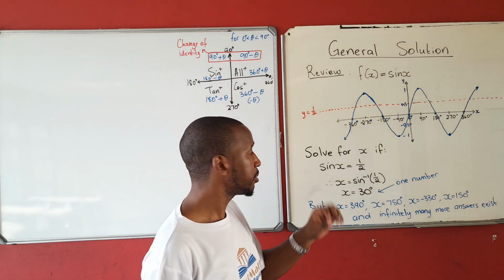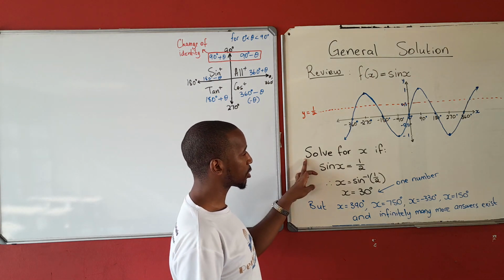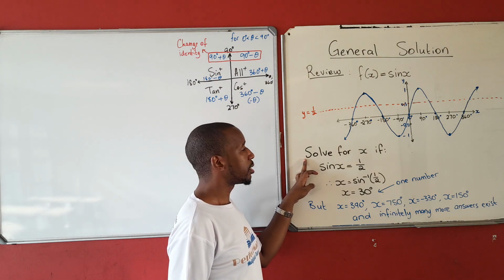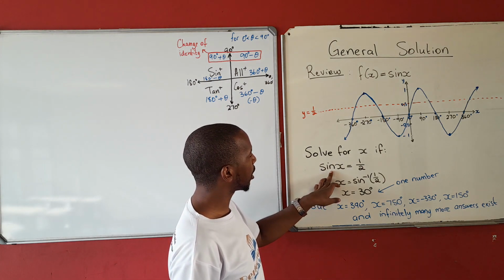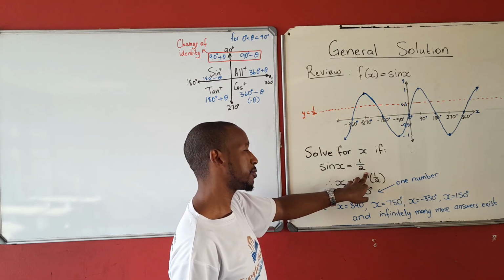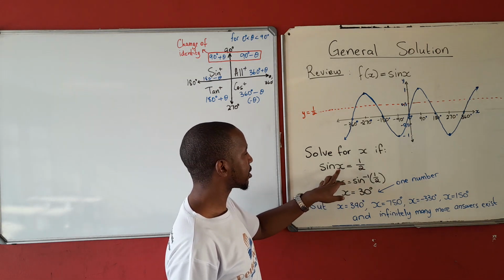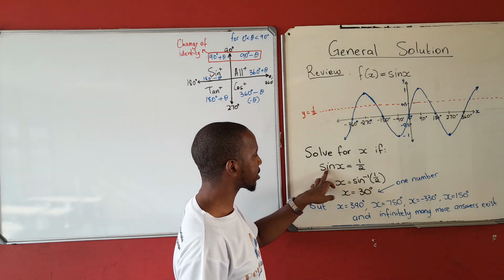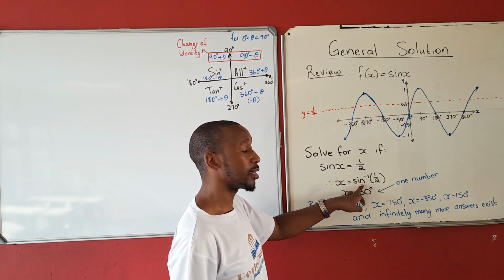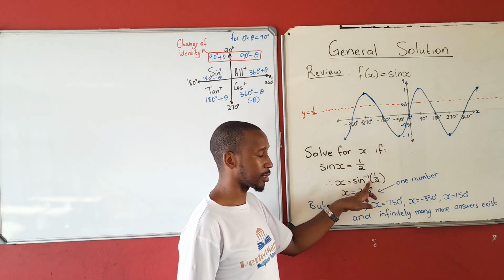So let's go back to what a general solution is. In grade 10, we were studying solve-for-x questions in trigonometry. The method there was, if you have sine x equals a half, you get the x value by taking sine to the other side and it becomes the inverse, or sine to the negative 1.